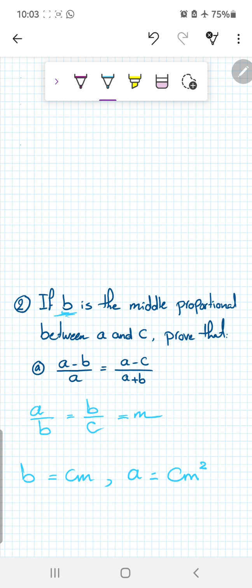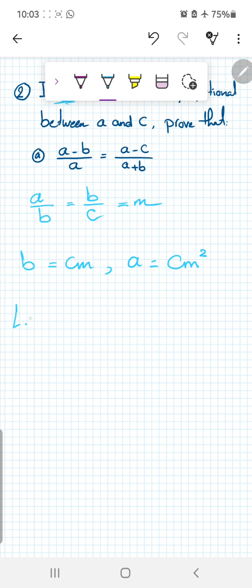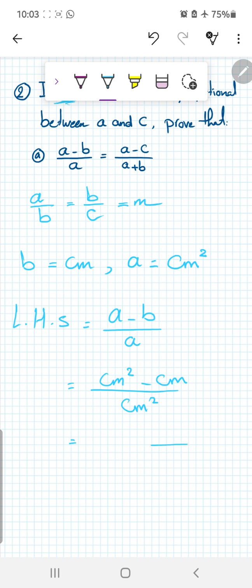First get the left hand side, which is A minus B over A, by substitution. Here we have A, which is CM power 2, so CM power 2 minus CM over A, which is CM power 2. As we said, take a common factor.